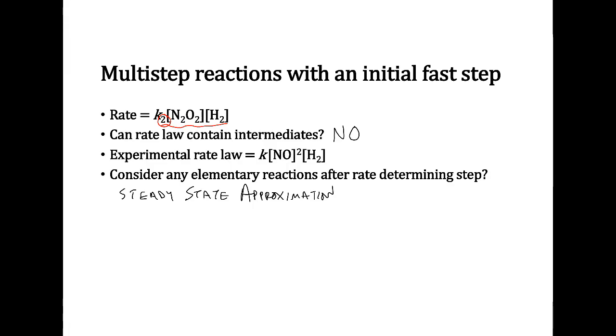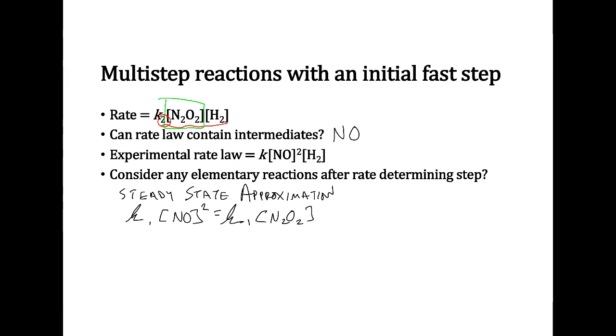So we can go ahead and write k sub 1 times NO squared is equal to k sub negative 1 times N2O2. Now, we just said that we can't have an intermediate in the overall rate law.